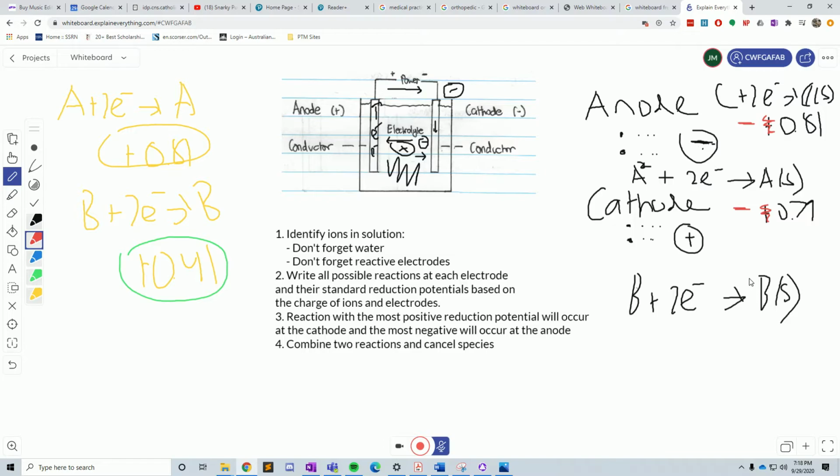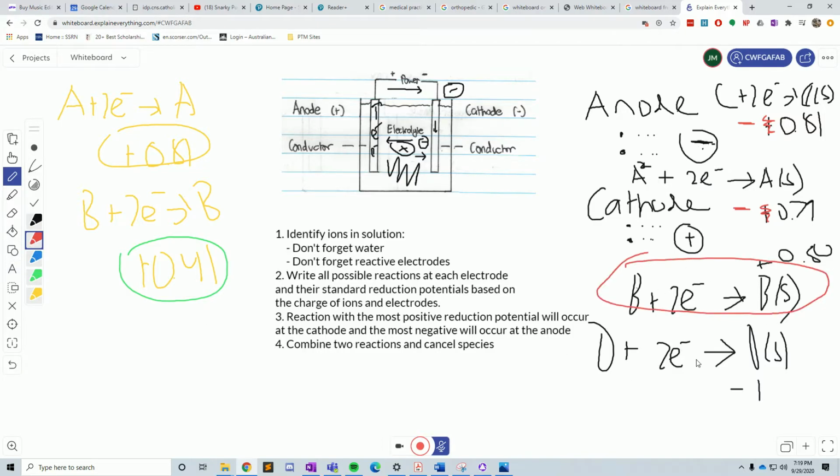Okay, and then at the cathode, it's an easier story. Let's say you have D plus 2e minus goes to D solid. Let's say this guy has a potential of 0.5. This guy has a potential of -1. Then this guy here is going to occur because it's more positive.